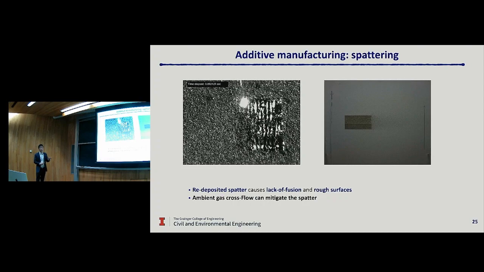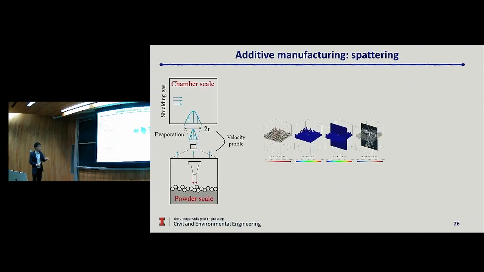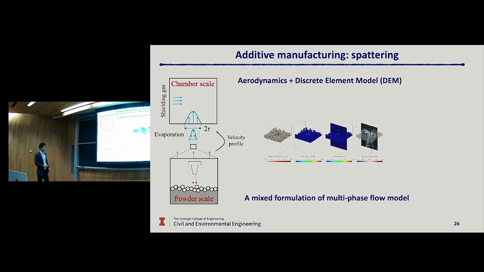So how do you study them in a systematic way? This is a big challenge. So recently we developed a very engineering approach. I just showed you a mixed formulation of a multi-phase flow for powder scale simulation. What we do here is couple this mixed formulation of a multi-phase flow and the DEM simulation to first simulate the powder spatter injection.